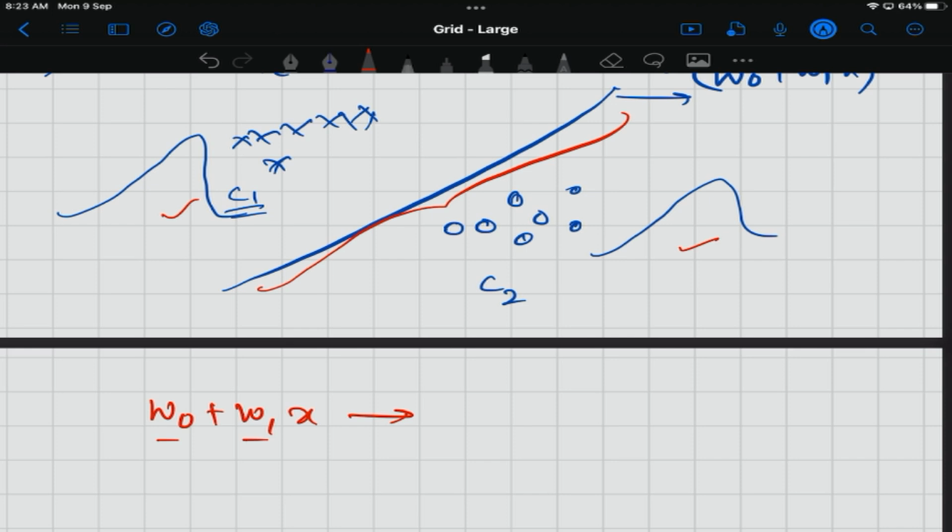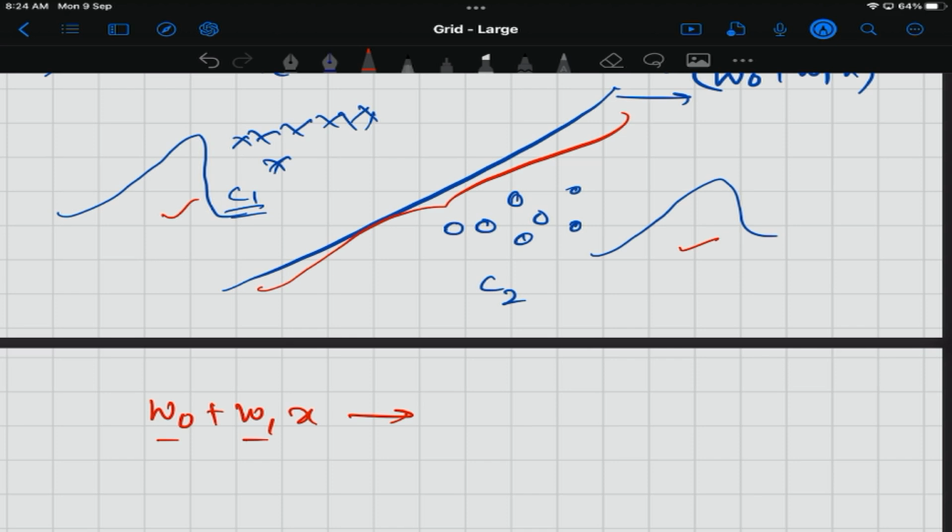If you have some prior information that these data points are coming from some exponential or Laplacian distribution, then you can start with your prior information. But when the prior information is not given, or you don't know anything, we have to assume. So that's why we have seen why Gaussian.